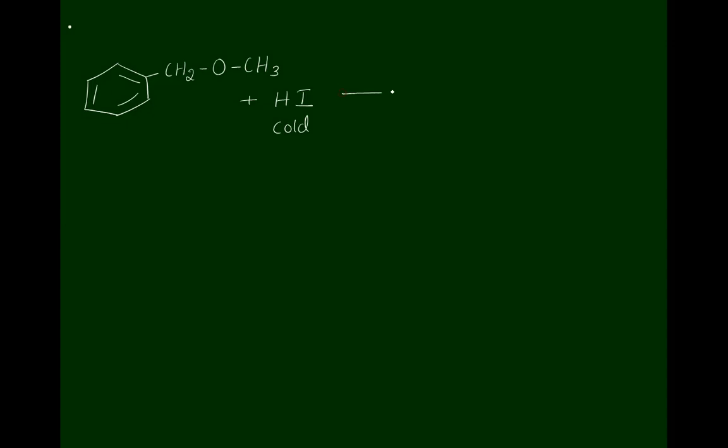Which is the major compound you can get? The major compound will be like this: CH2I, benzyl iodide, plus CH3OH. Now, how does the reaction take place?